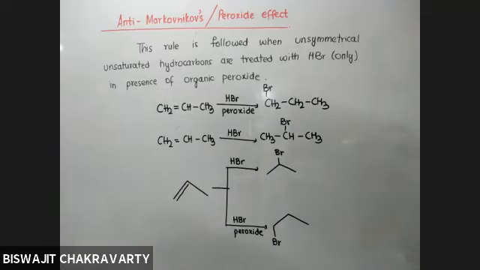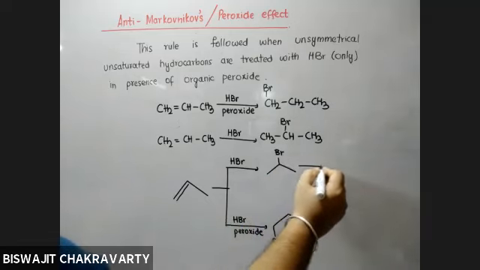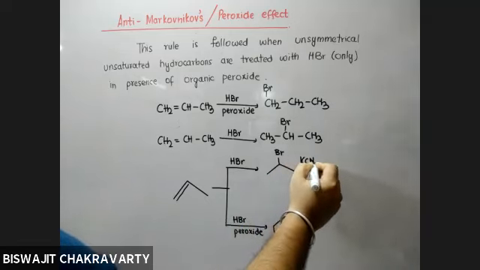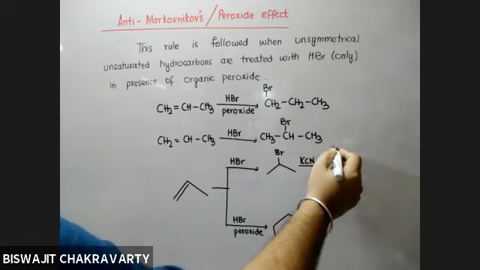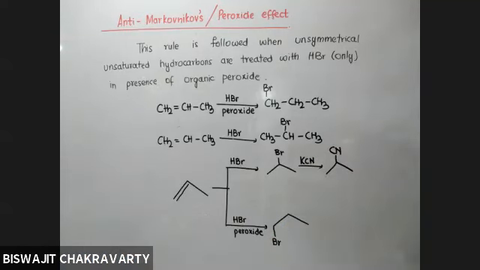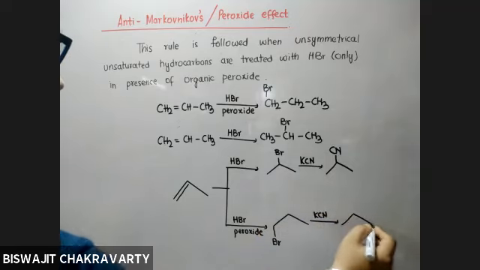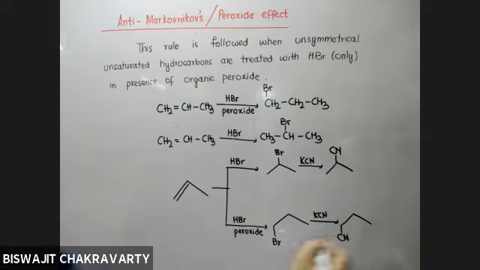Where will the CN group come? Exactly where the Br was there, isn't it? So if I treat this with KCN, the product will be this or not? But if I treat this one with KCN, then CN will come here. Understood or not?